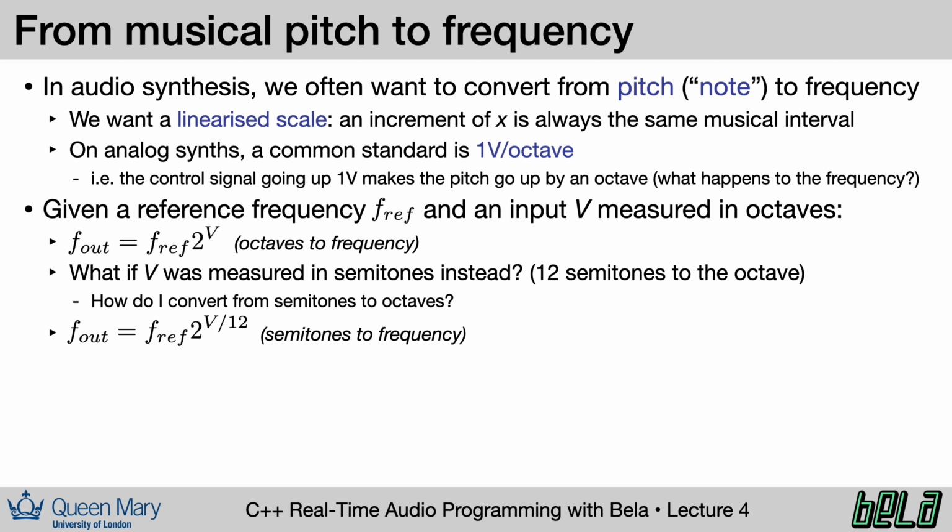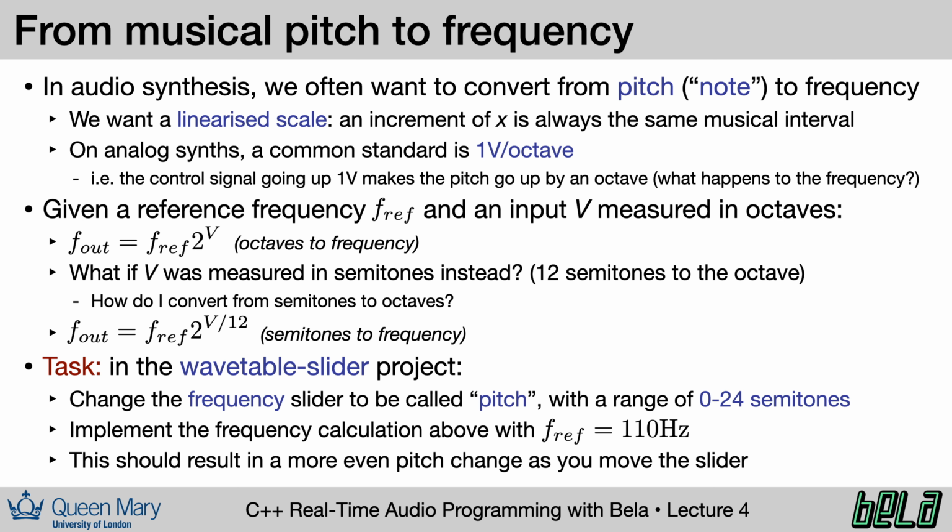So for example, if our reference frequency was 100 Hertz, and V was equal to 12 semitones, then we would have 100 times 2 to the power of 12 divided by 12, that is 2 to the power of 1, so fout is equal to 200 Hertz. What this gives us is the ability to specify a number of semitones as an interval above some reference frequency, and then to convert that into a frequency in Hertz.